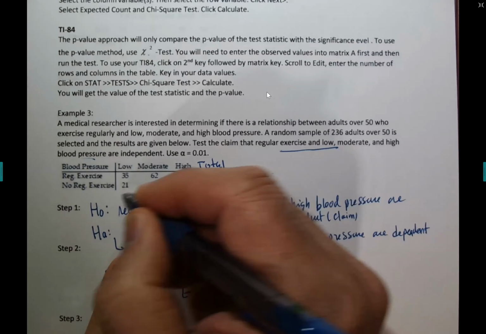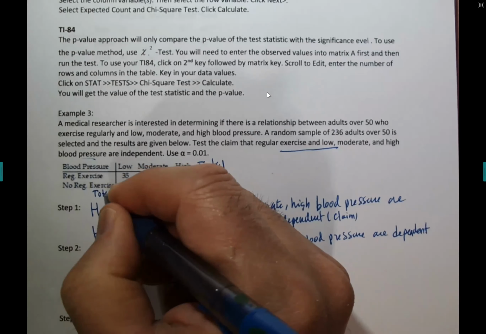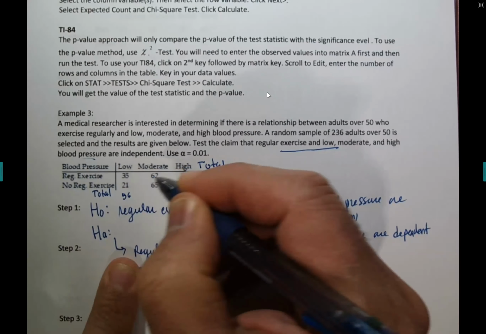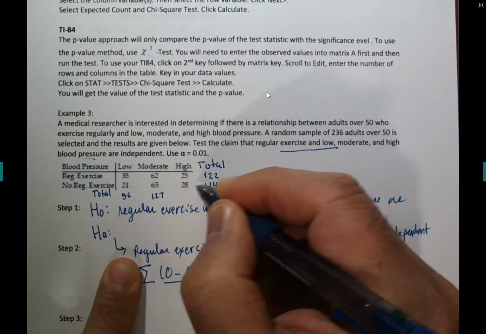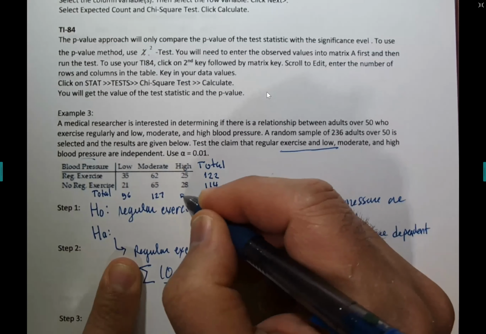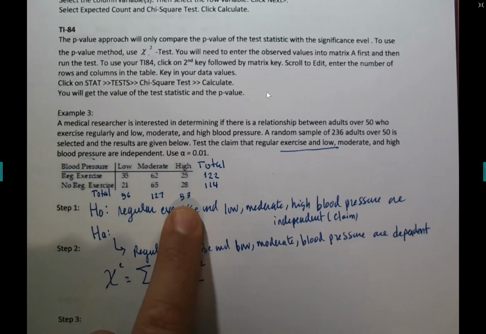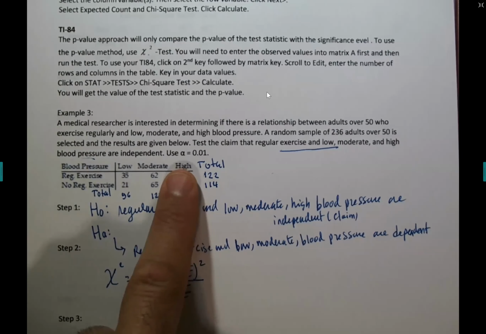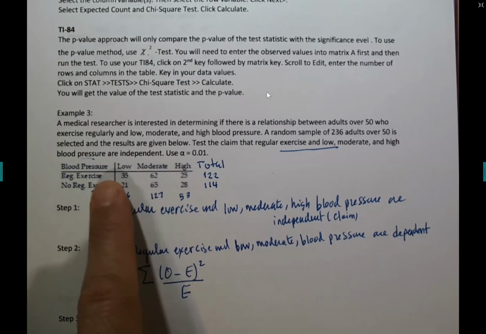And then you can do totals from this side as well. That's 56, guys. That's 127. And this is 53. If someone asks you what 53 represents here, you just tell them it's the number of people with higher blood pressure, whether they exercise or don't exercise.